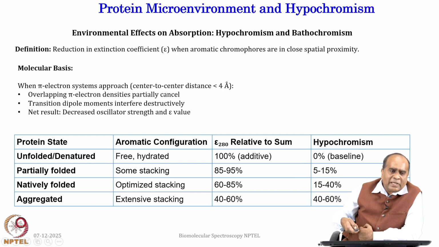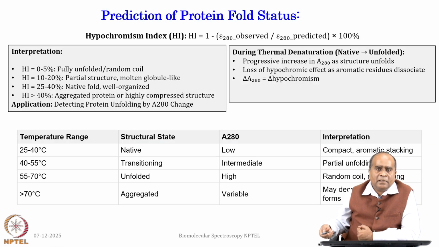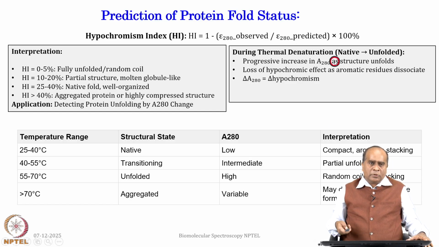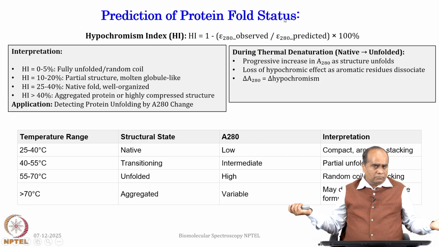And when it goes to the aggregated state, the stacking is extensive and therefore a lot of reduction happens, like a 40 to 60% reduction in absorption, right. So, looking at the hypochromicity index, one can calculate how much is in the folded, unfolded or aggregated state, right.